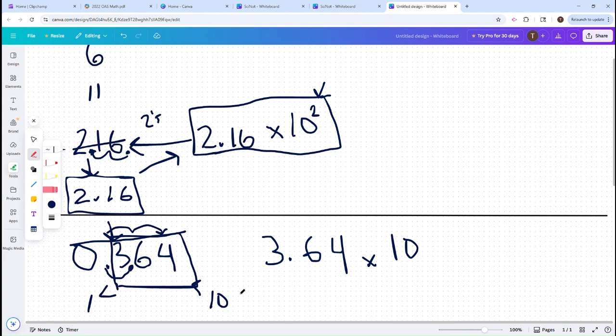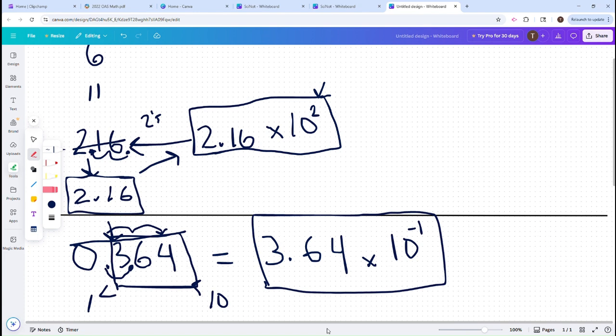Now, the number of spaces we move the decimal is the B. But remember, we moved it to the right, so that B is going to be negative. And we only moved it one space. So I'm going to write 10 to the negative 1. And this is the answer: 3.64 times 10 to the negative first power.